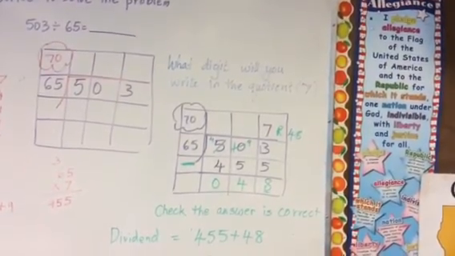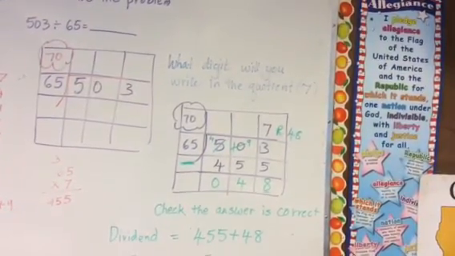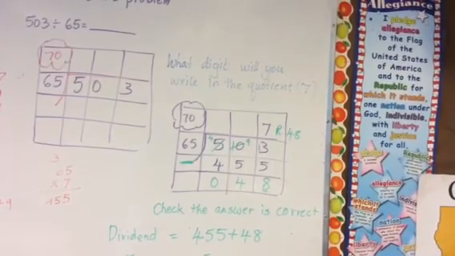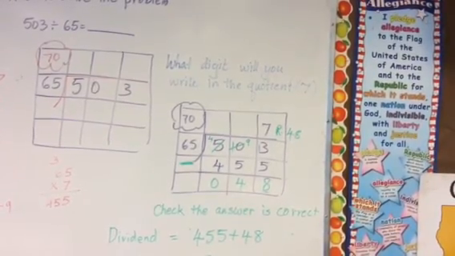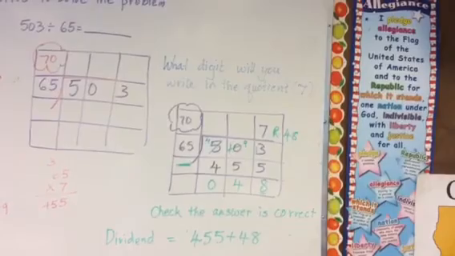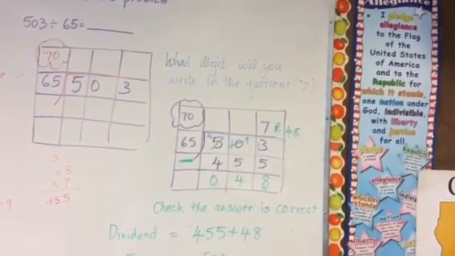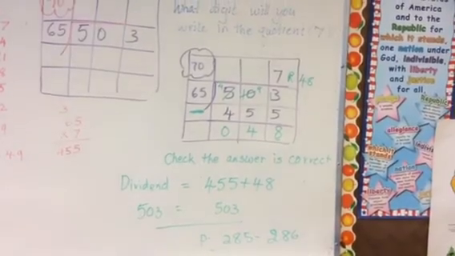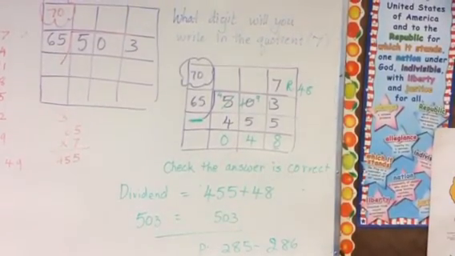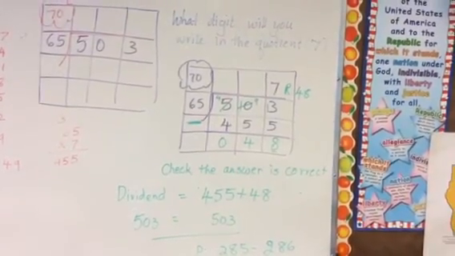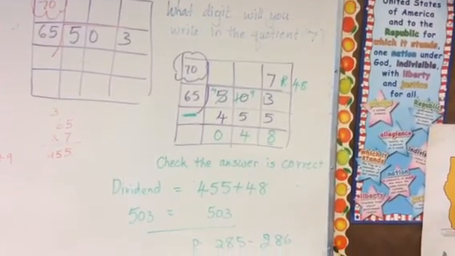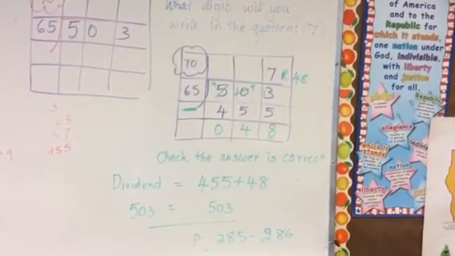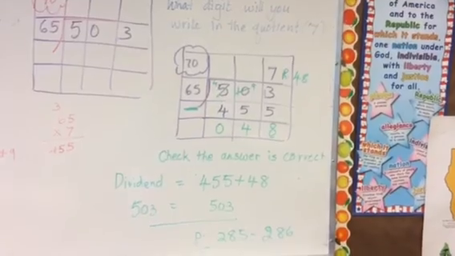That will become a 10, and then that will become a 9 when it gives 1 to 13. 13 minus 5 is 8. 9 minus 5 is 4. 4 minus 4 is 0. And if you want to check if the answer is right, add 455 plus 48, the remainder, and you get the dividend, 503. And so your answer is right. So the answer is 7, remainder 48.